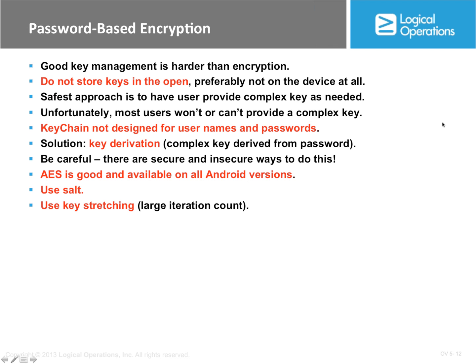It looks like it's storing your password, but that's not what it's designed for, right? It's not designed for usernames and passwords. It's key derivation, right? The key is derived from the password. The password is stored in the keychain, and that is the concept, or the goal, of the keychain.